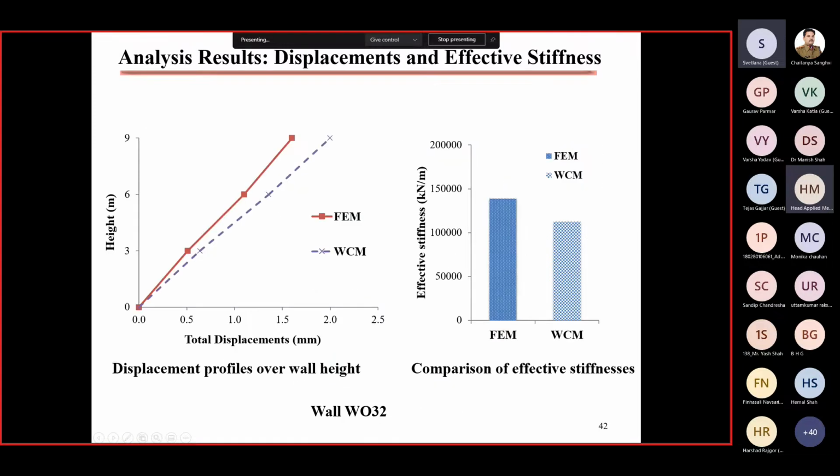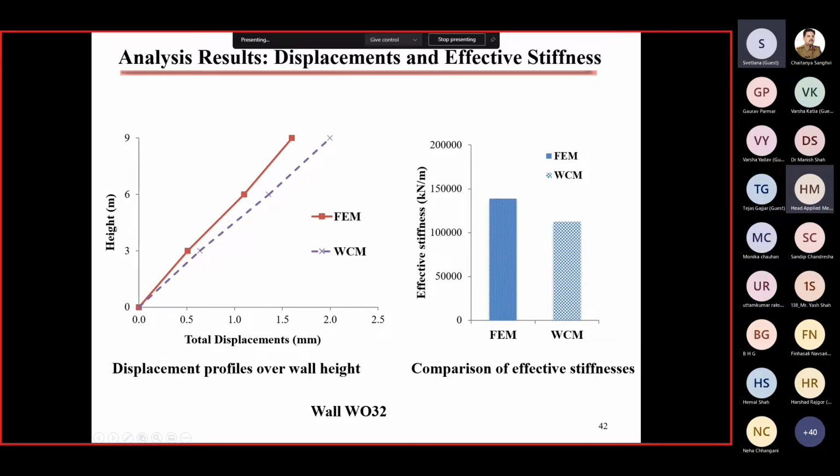And then this is the deformed shape over the height of the building for the finite element model and the white column model. There is some difference, as you can see, in displacement. Please note that these displacements are very small, measured in millimeters, but percentage-wise there is certainly a difference.